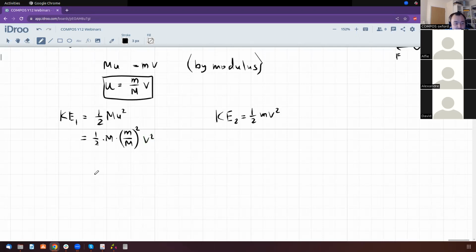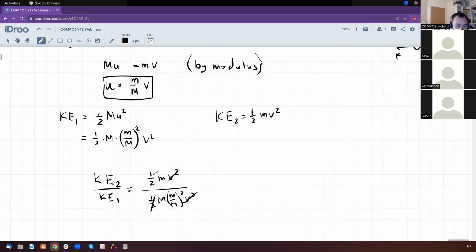Now I can find the ratio of the kinetic energy of the bullet to the kinetic energy of the rifle. It is 1/2 mv squared divided by 1/2 M times (m/M) squared v squared.